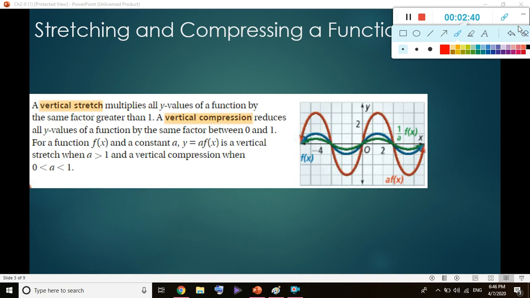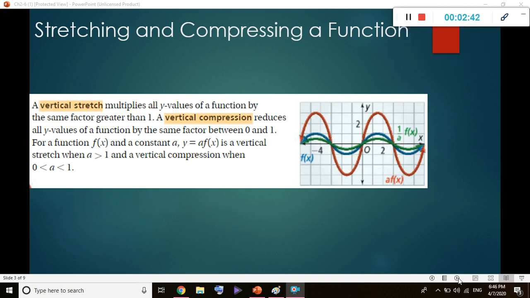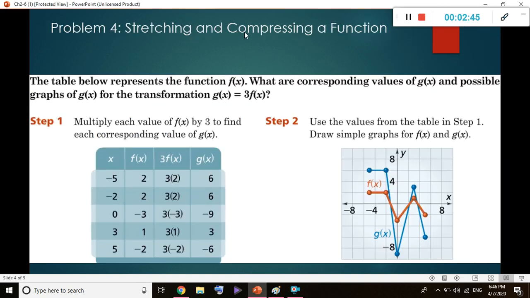Okay, so now let's start with the first example, which is stretching and compressing a function. The table below represents the function f of x. What are the corresponding values of g of x and possible graphs of g of x for the transformation g of x equals 3f of x? Let's solve it together.